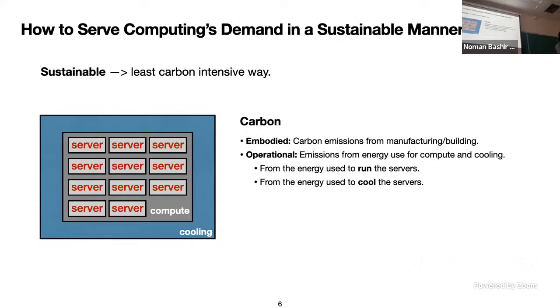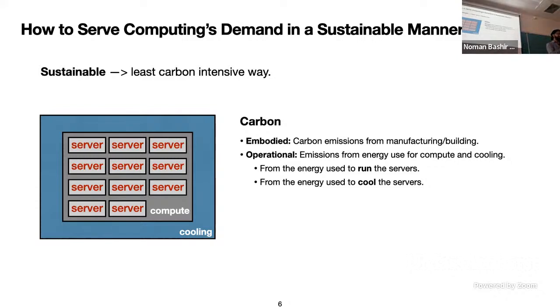So that is the definition of sustainability that we will be using. So how can we do that? As I said, embodied are carbon emissions from manufacturing, and operational are emissions from energy used for computing and cooling. These are the things that we would like to reduce.